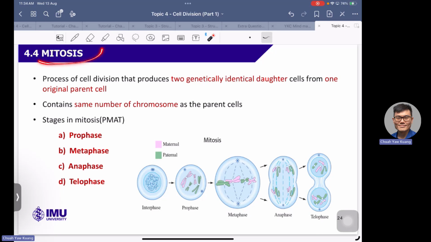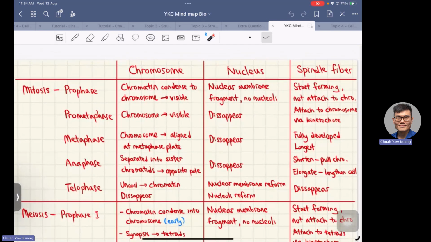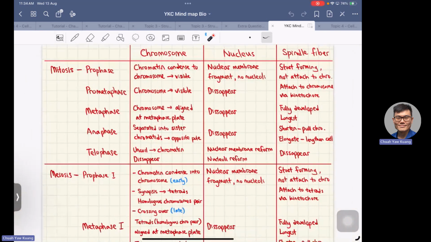Now, mitosis. Before we start, you can draw the table together with me. Draw a table like this. For mitosis, you need 4 columns and 6 rows.